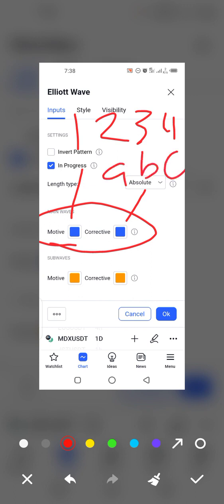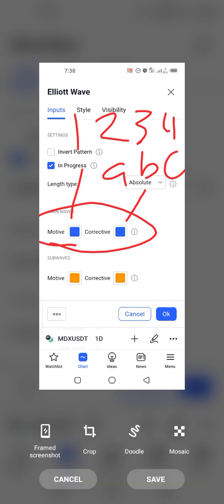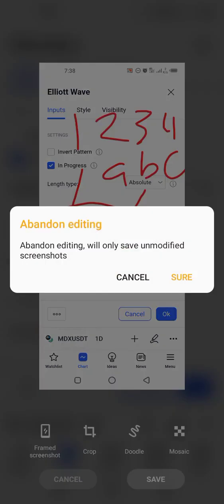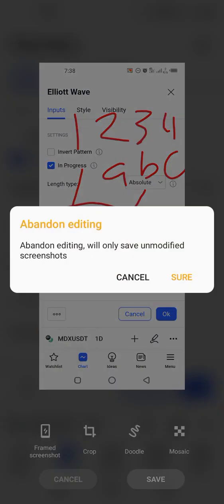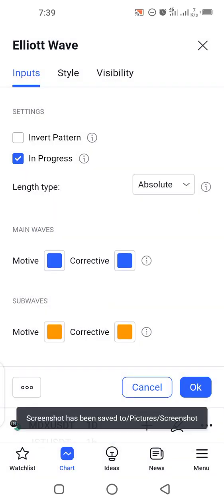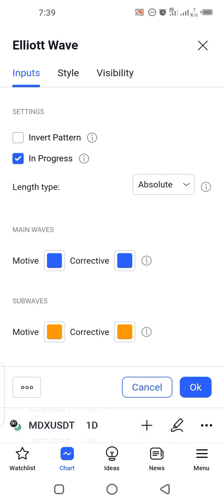We want to remove the subwaves and only remain with the main waves.